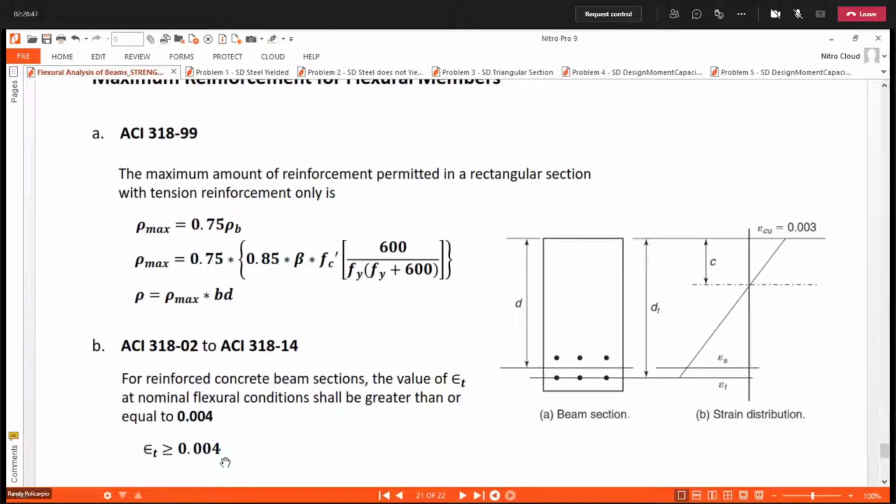Ngayon, pag kinonvert mo to sa steel ratio, you can actually establish yung tinatawag nating maximum raw for you to say na ductile yung beam mo, no? Okay?